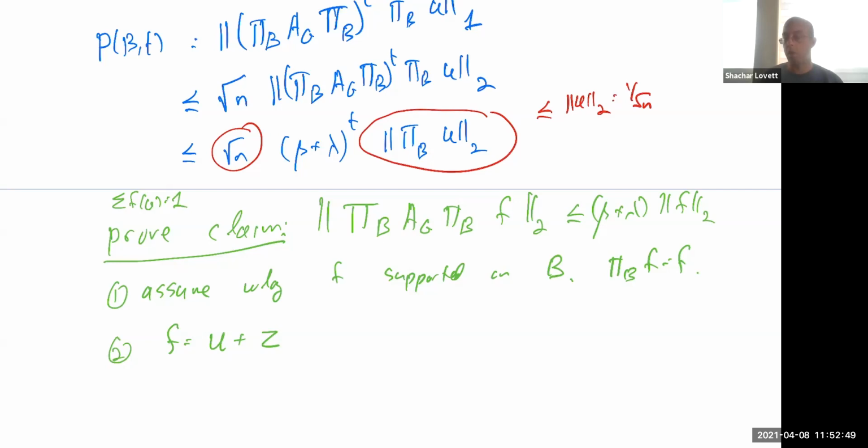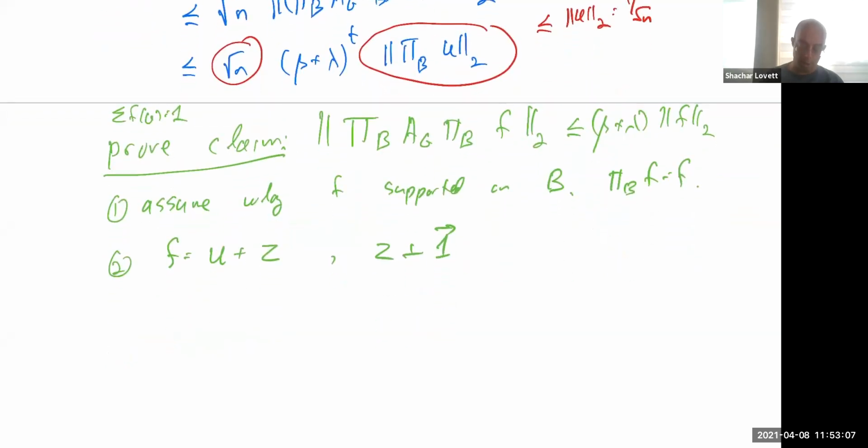Anyways, we only need distributions. So we decompose this distribution as the uniform distribution plus the difference, so z is just f minus u. The whole point here is that z is going to be orthogonal to 1, right? Then we study what we can say about AG f. Well, it's going to be AG u plus AG z. AG u is an eigenvector of AG with eigenvalue 1, so it's just u plus AG z.